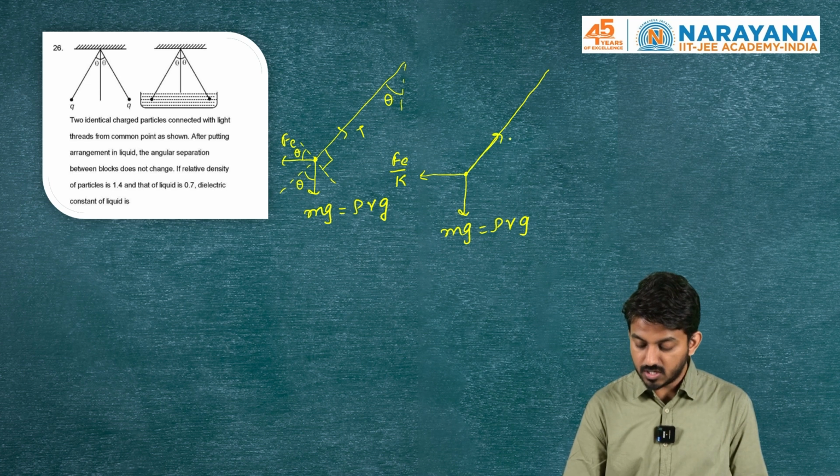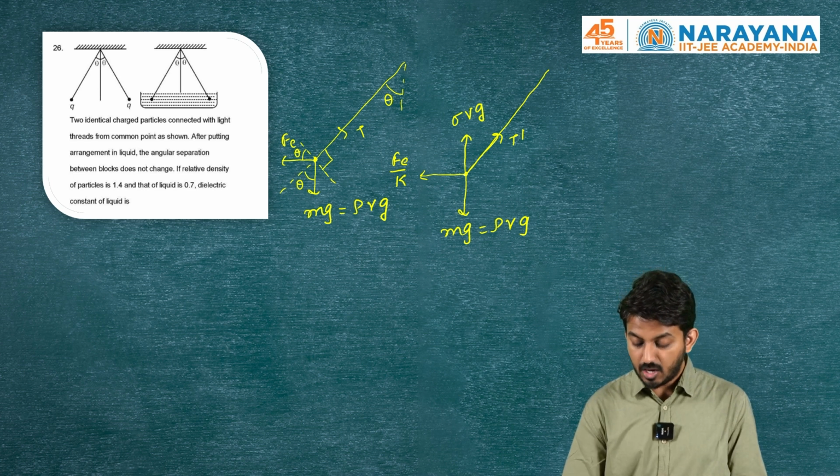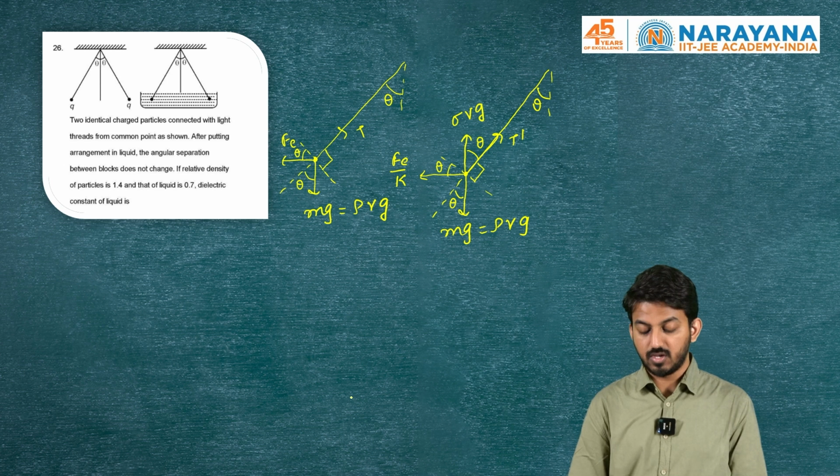We have a tension, some T prime, and in this case, we'll also need to include the buoyant force, which will be sigma Vg, where sigma is the density of the liquid itself. Now, if I extend these lines, this angle is given to be theta. And if I draw a perpendicular line here, these angles will also come out to be theta, and this also theta.